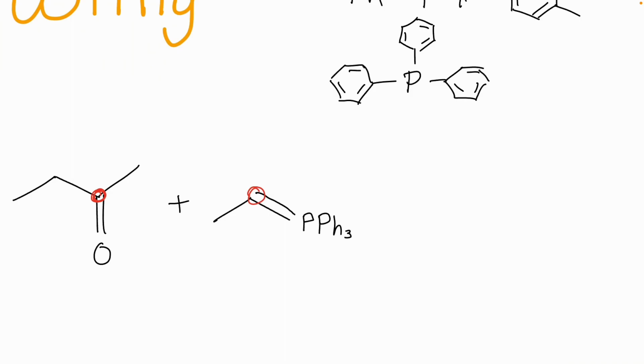The thing that's fairly unique about this is that we actually retain our double bond in our product. Let me draw out our product real quick. Take a second to copy that down, and then we'll walk through how we got this.